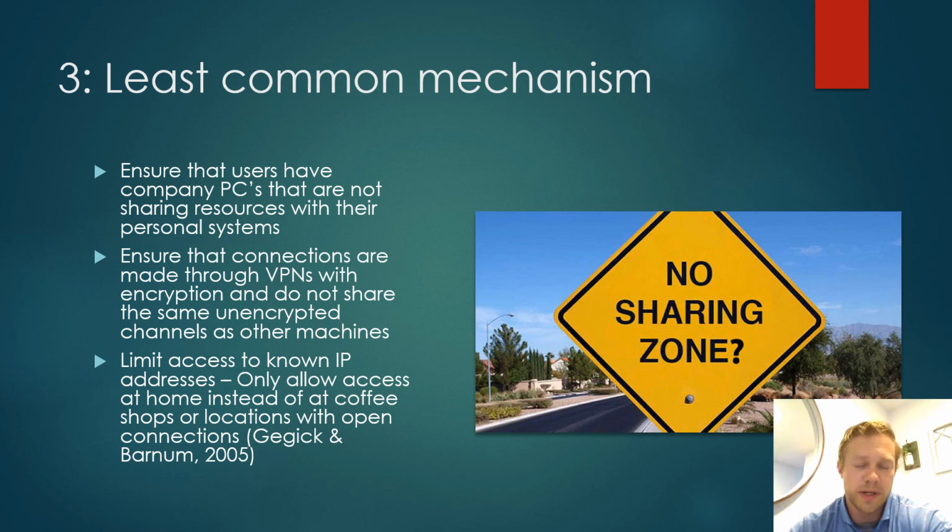It's a good way to limit shared resources. And then limit access to your own company systems by known IP addresses and only allow access at home instead of at coffee shops and other locations with open networks. Make sure that they're not going somewhere else where the network might be shared and they're only accessing it from home. These are all great ways to utilize this principle to protect yourself.